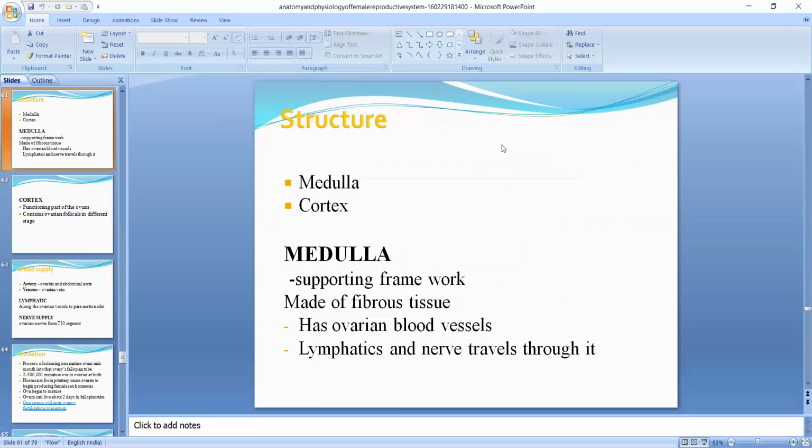The ovary is made of medulla and cortex. The medulla is the supporting framework made of fibrous tissue, ovarian blood vessels, lymphatics and nodes.